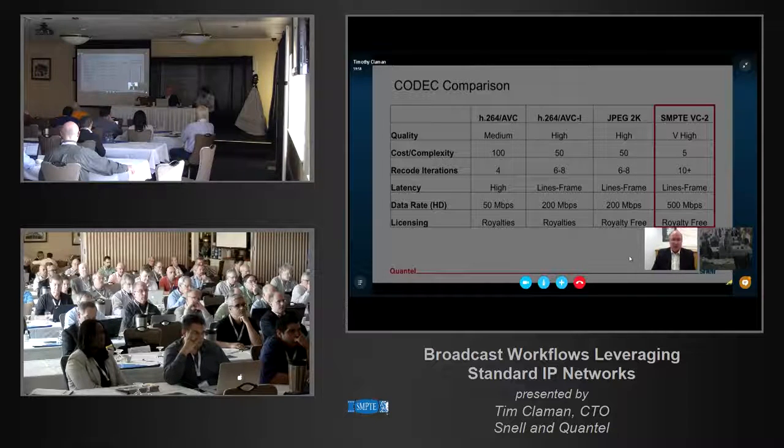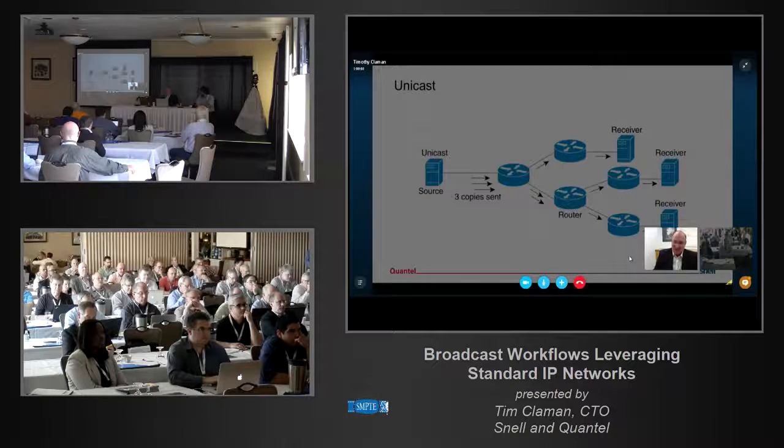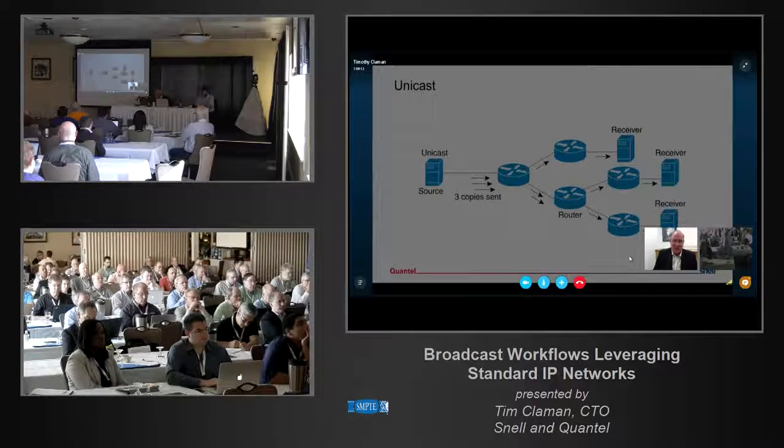So without trying to do a complete tutorial on IP routing, it's probably worth briefly noting that there are a number of IP technologies we can leverage in the broadcast space. Unicast is a simple point-to-point routing approach, and if 3 destinations need to receive a signal, you have to basically make 3 copies of each data packet and send them on their way.